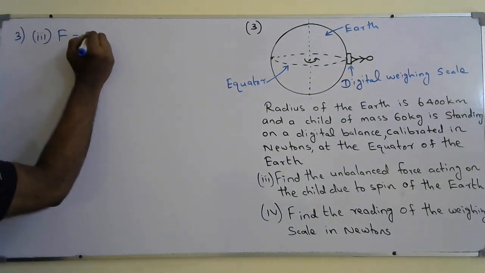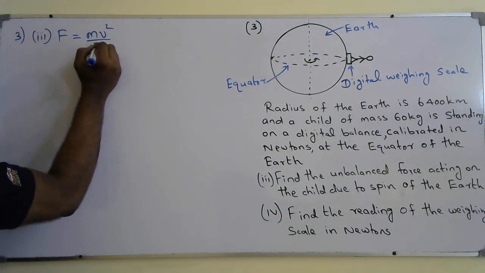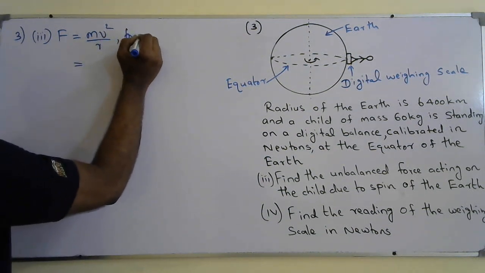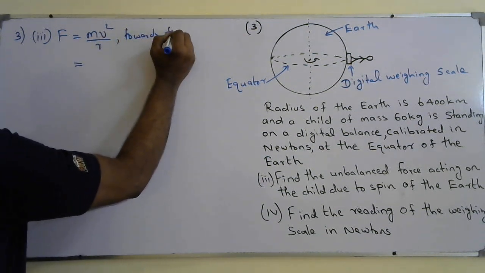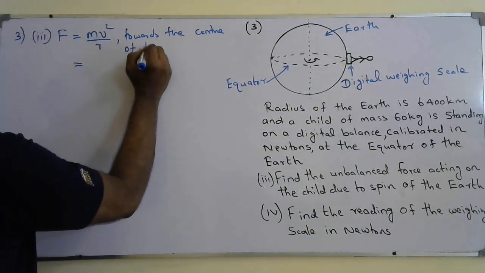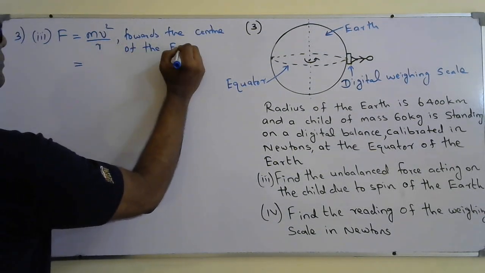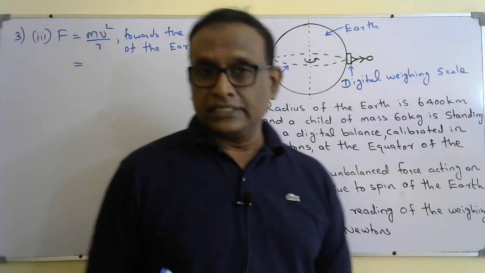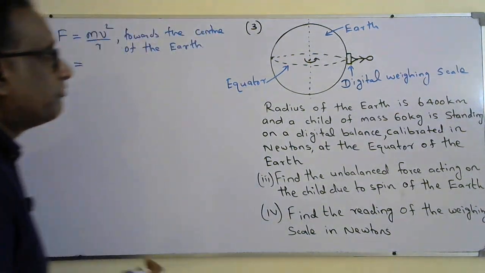Both will give the same answer. I'll use m v squared over r. That is the centripetal force, that will be towards the center of the Earth. That force will act towards the center of the Earth, that will be the centripetal force.